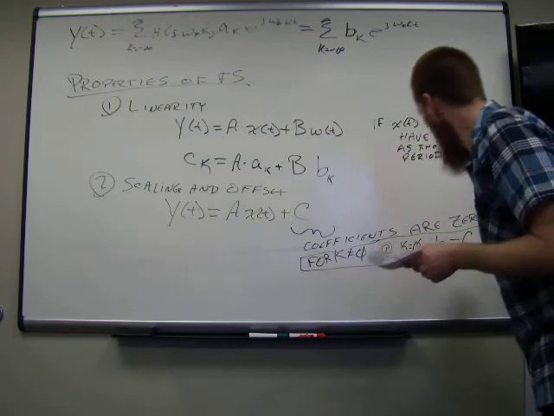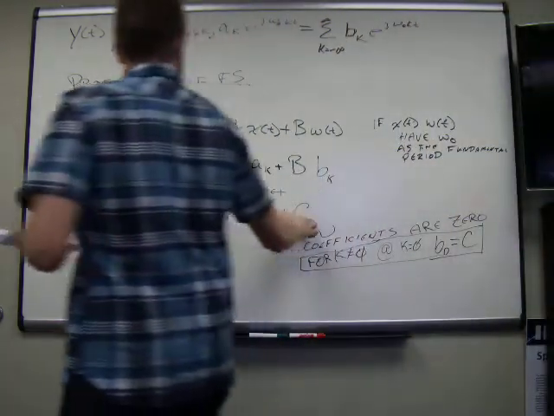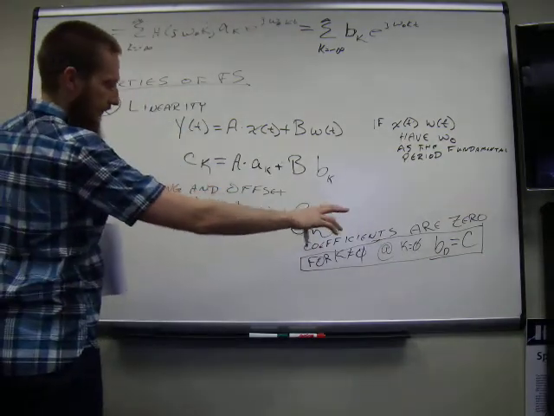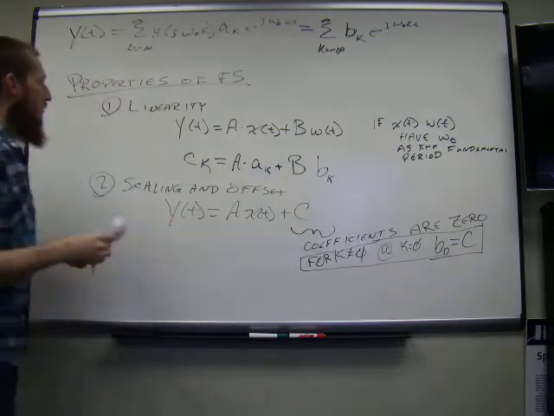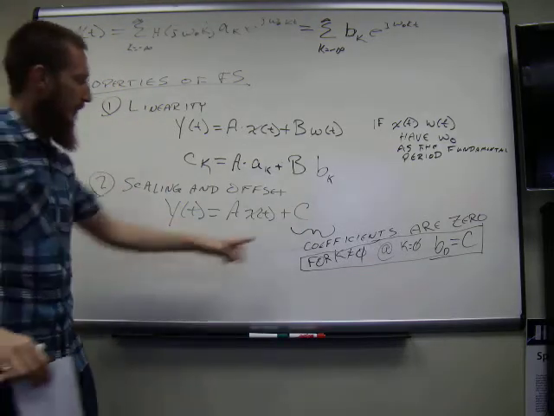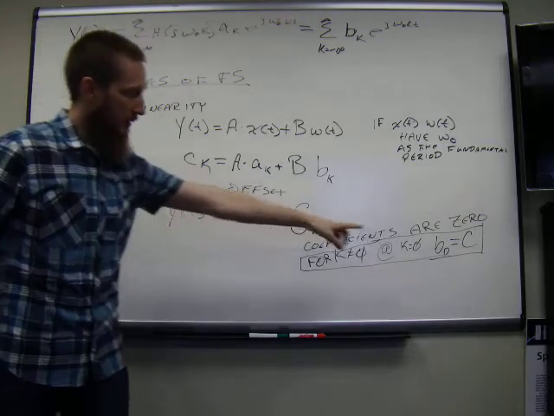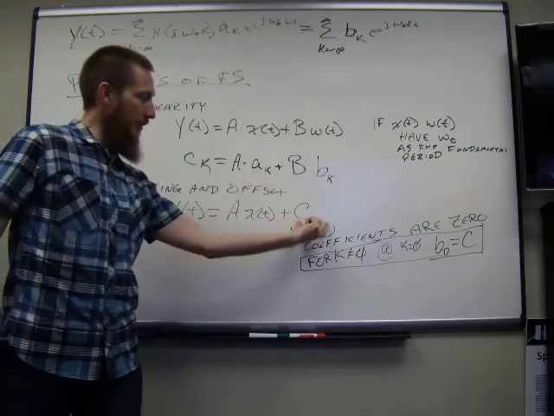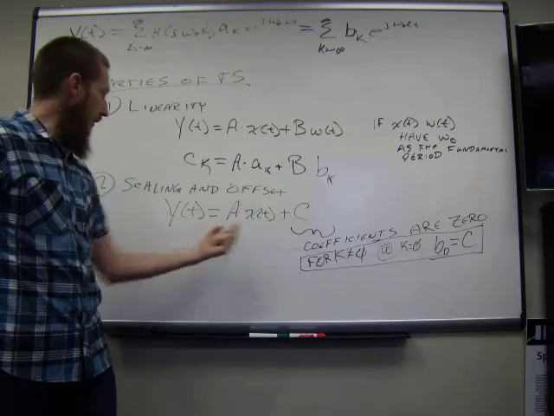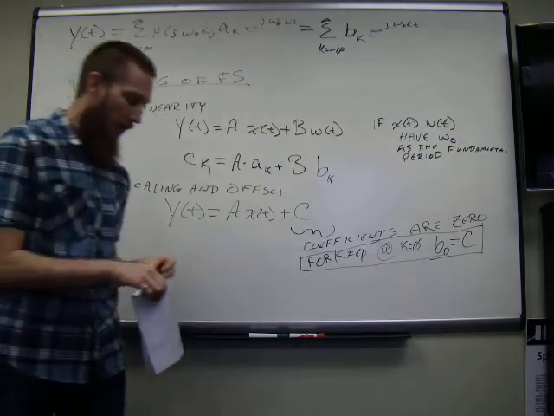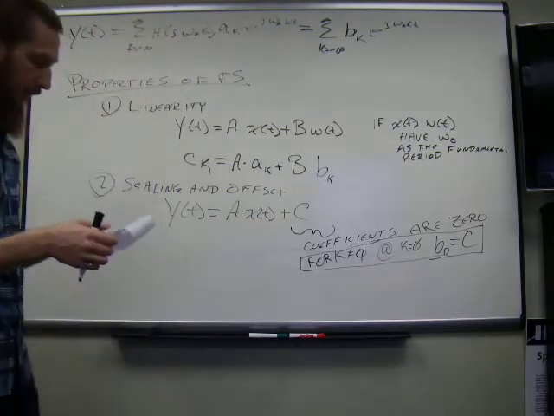So this b of 0 is applying that DC offset to this entire term. So we can use linearity to say, if we have a DC offset, that's that b of 0 term that can be applied here, and it can be added to the a of 0 term here to obtain the final y output term.